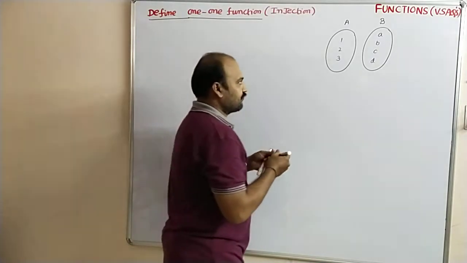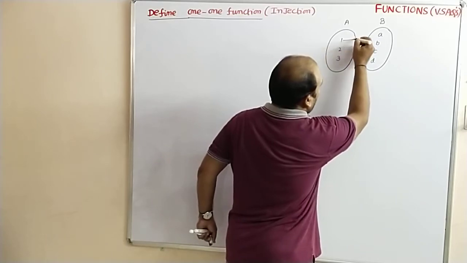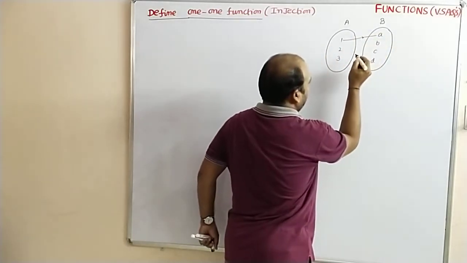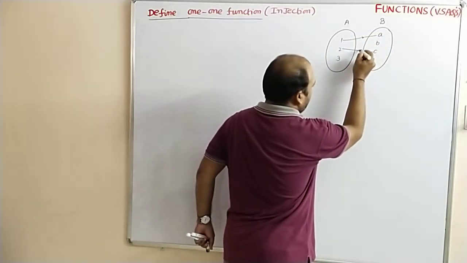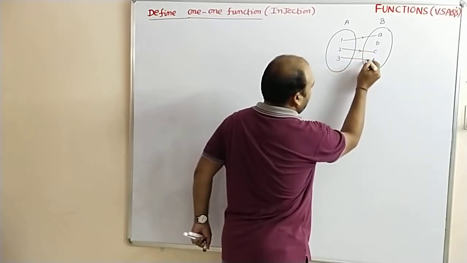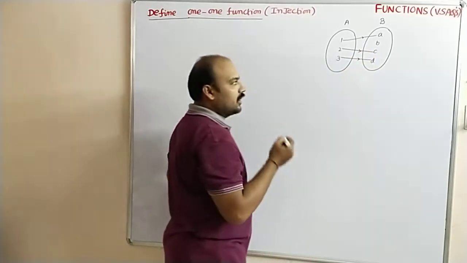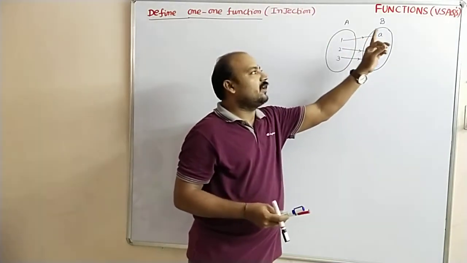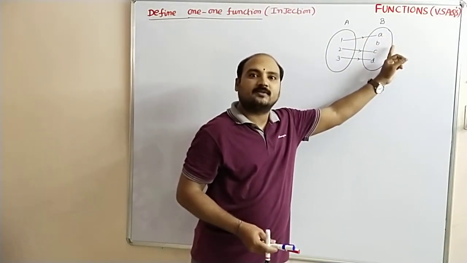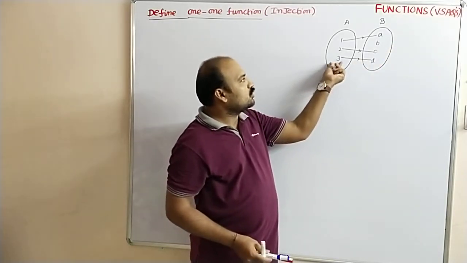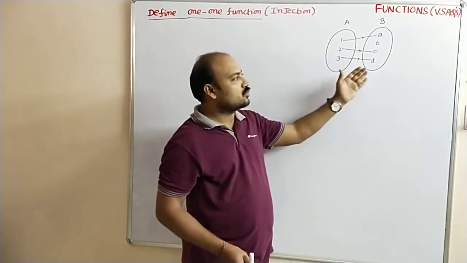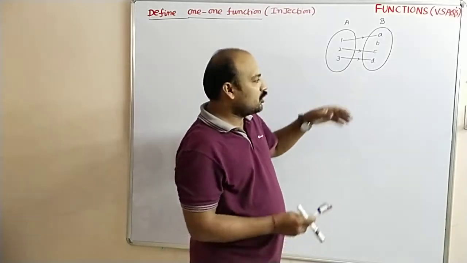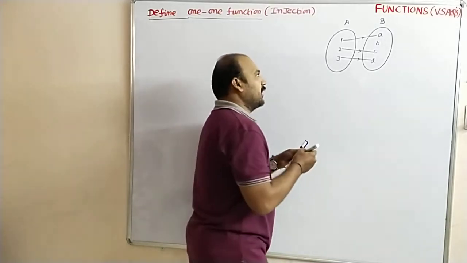Now, 1 is related to a, 2 is related to c, and 3 is related to d. You can leave out b. Different elements are having different f images. This is the domain, this is the codomain.